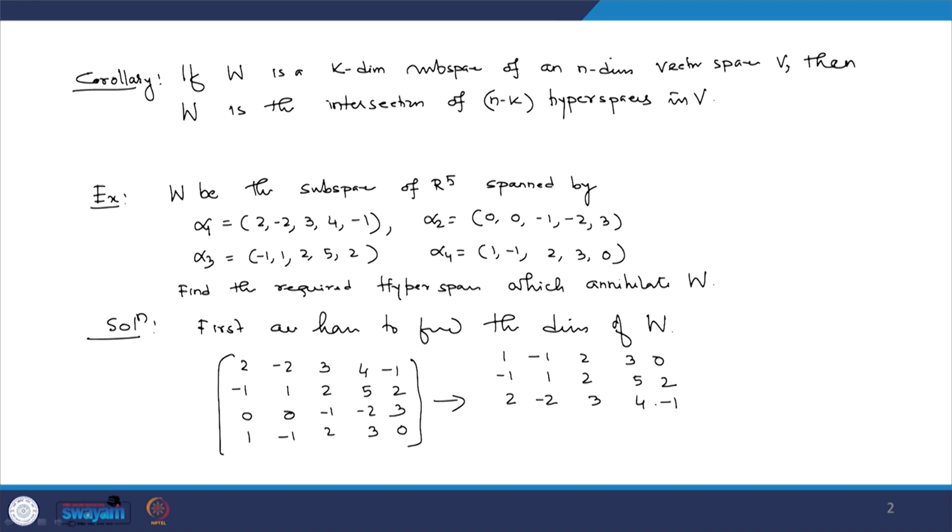Basically, I have written the 4th row as the first row, the second row as it is, the third row as the first row, and the first row of the original matrix goes to the third row, and then 0, 0, minus 1, minus 2 and 3. This is the matrix.